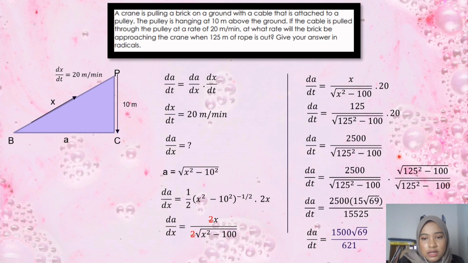To change this into radical form, multiply the answer by the conjugate of the denominator, where the conjugate of the denominator is the square root of 125 squared minus 100. Then you will get this answer when you make it into the simplest form. The final answer for dA/dt will be 1569 over 621. If you put this value into the calculator, you will get exactly the same value as the dA/dt here.